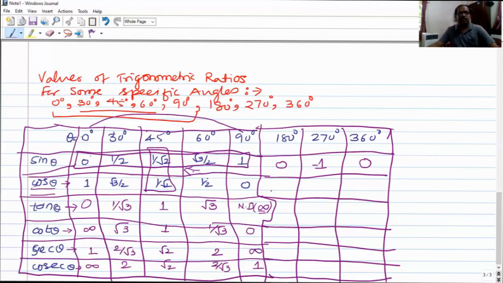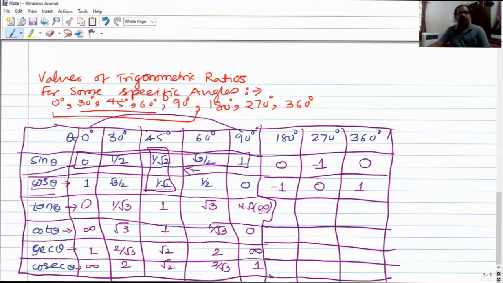Similarly for cosine: cos 0 is 1, cos 90 is 0, cos 180 is minus 1, then it is 0, and again plus 1. The non-zero values of these ratios are either plus 1 or minus 1, and they occur in alternate form. If the first one is 1, then the next is minus 1.